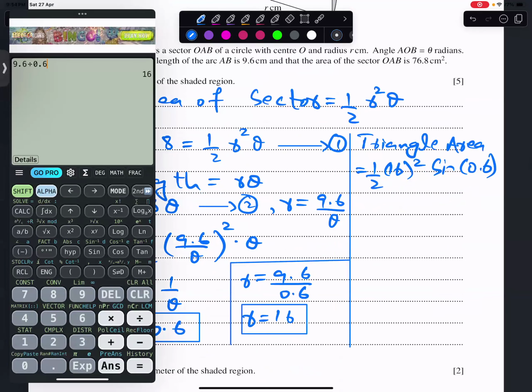So 0.5 times 16 square times sine of radian 0.6.